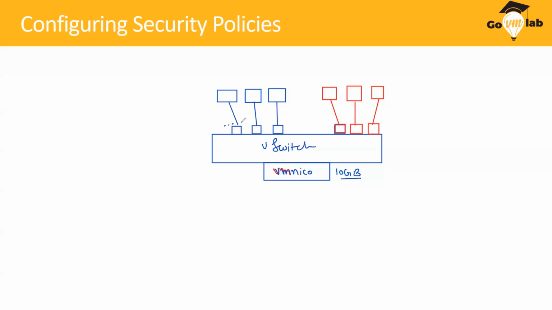Now, let's say these are all connected to one port group. This is my production port group, the PG name is production. And the other one is my user desktop, very low priority applications. Let's say this is my desktop port group, user desktop, right?